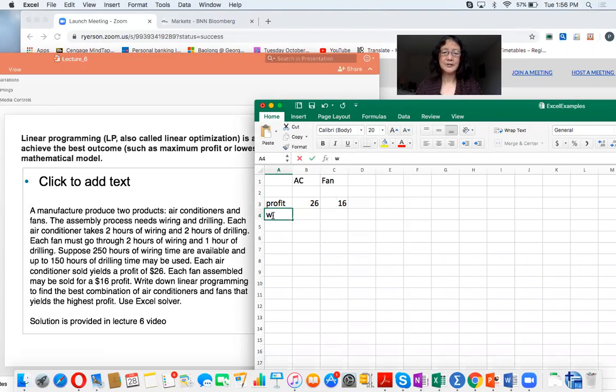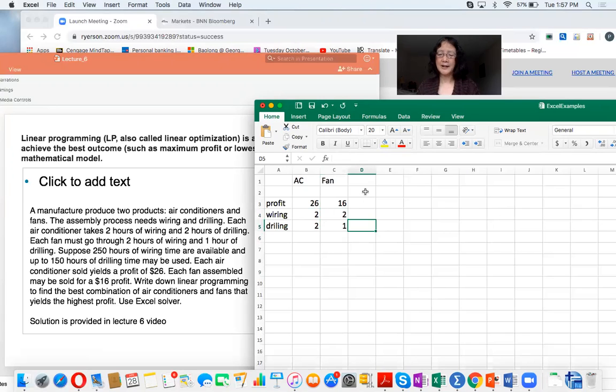Okay. And you have wiring processing. You have drilling. Produce one air conditioner. You have 2 hours wiring, 2 hours drilling. And for fan, 2 hours wiring, 1 hour drilling.